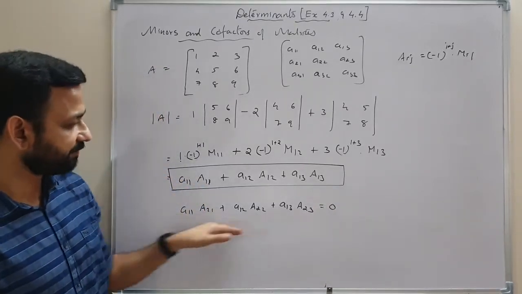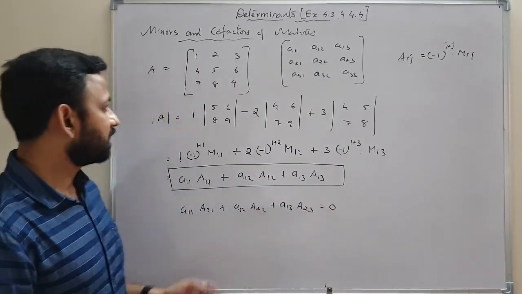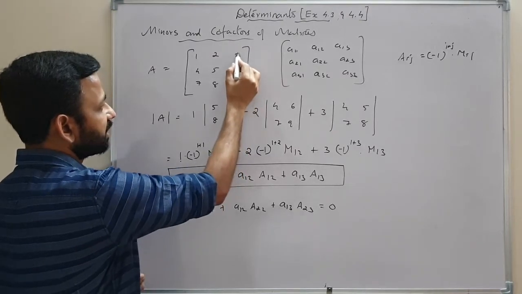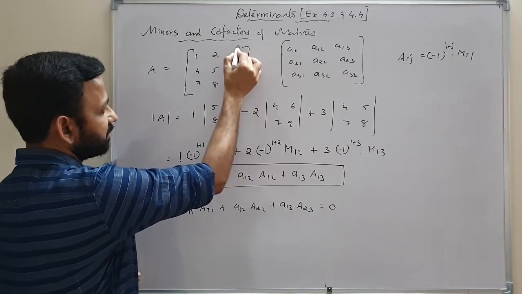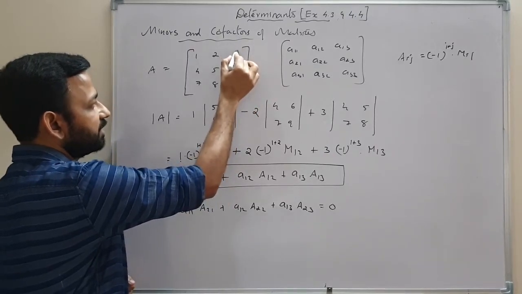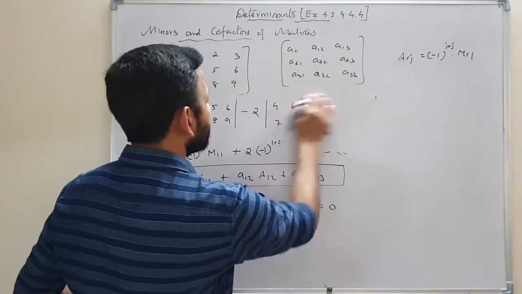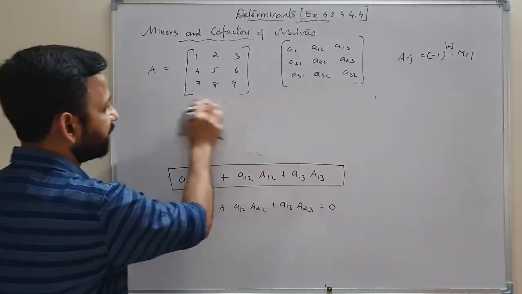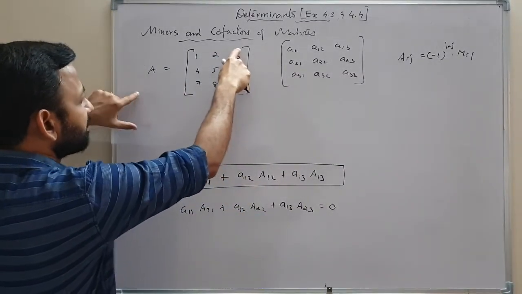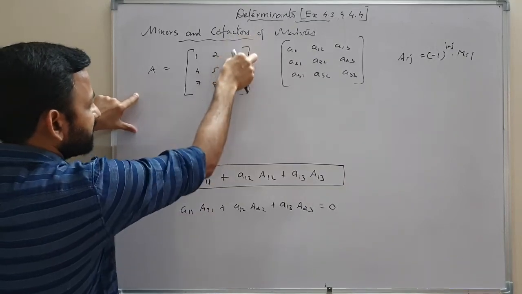So you can easily verify this one, and its verification is given in the NCERT book. If we want to find the determinant by using the cofactors of the third column, then the determinant will be the sum of the products of the elements of that column and the cofactors of that column.